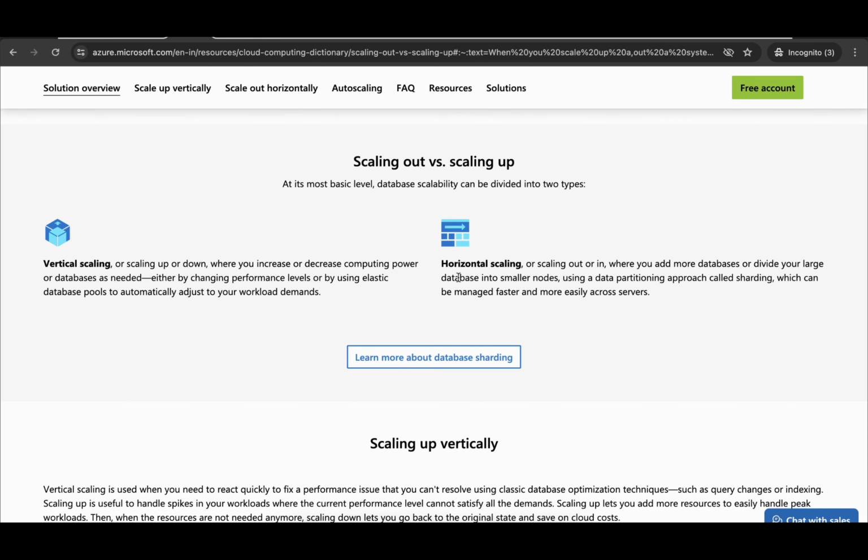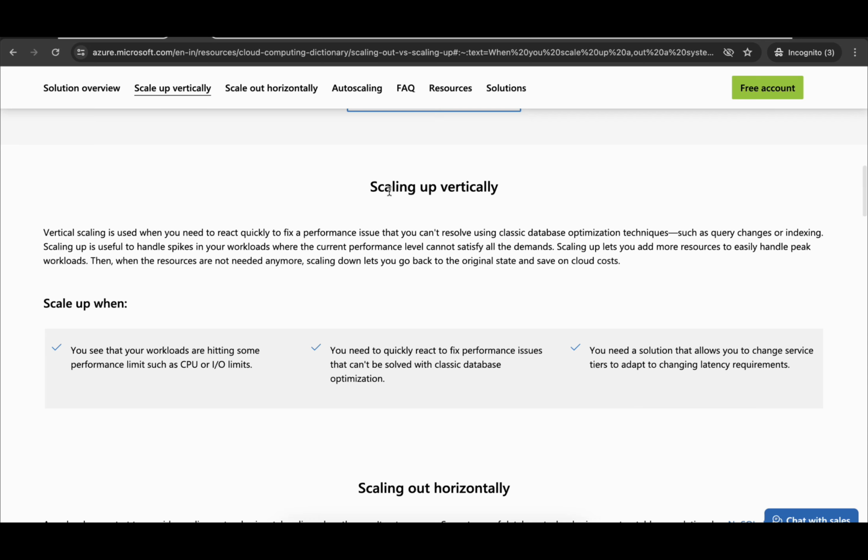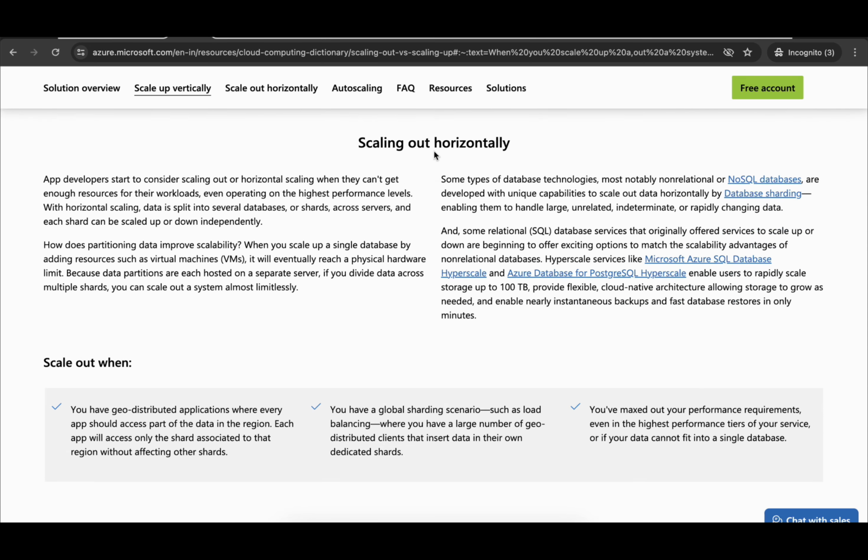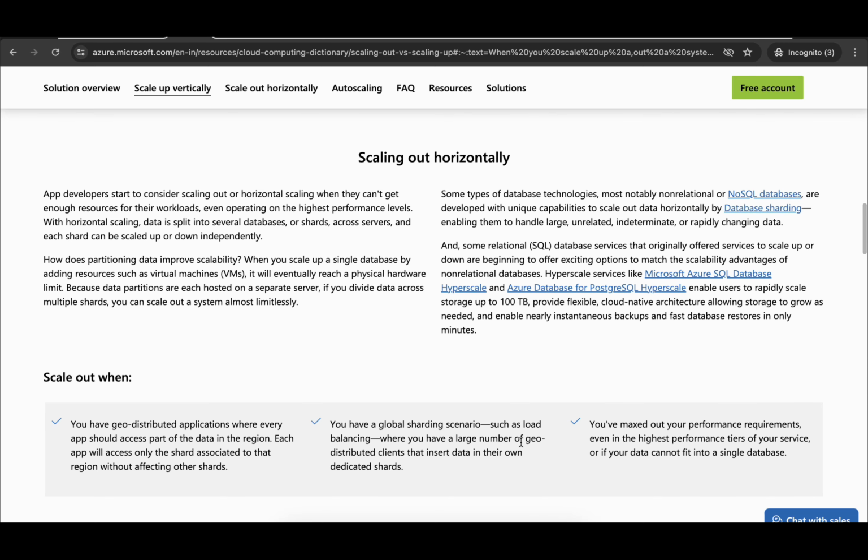And horizontal scaling, or scaling out or in, is where you add more databases or divide your large databases into smaller nodes using a data partitioning approach called sharding, which can be managed faster and more easily across servers. So this talks about when you have to scale up vertically, and this talks about when you have to scale out horizontally.